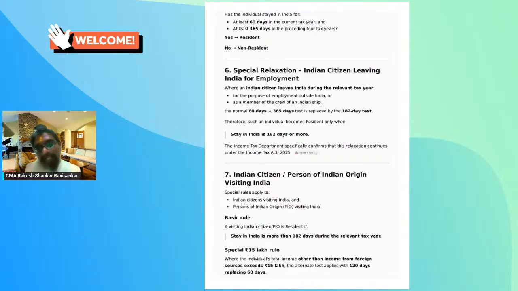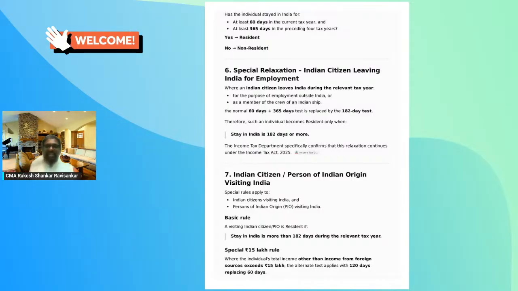So when they have other sources income which is exceeding 15 lakhs in India, now the alternate test, that 60 days will be replaced by 120 days. So this is a special rule for the Indian citizens who are visiting India, or the persons of Indian origin who are visiting India, that their stay in India is more than 182 days in the relevant tax year. So automatically they become resident.